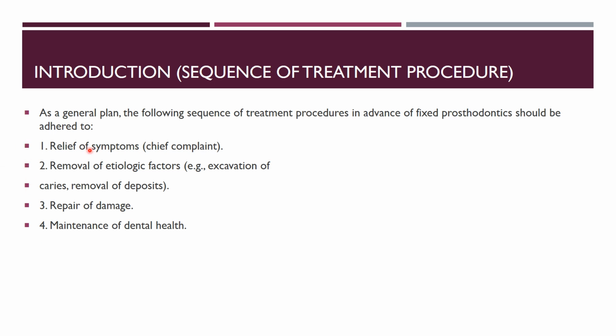First we relieve the symptom, that is the chief complaint, and then we remove the etiological factor, for example the excavation of caries and removal of deposits. Then we repair the damage, and then we maintain the dental health. So after we repair the damage and maintain the dental health, probably then we'll be replacing or doing a fixed prosthodontics, right?